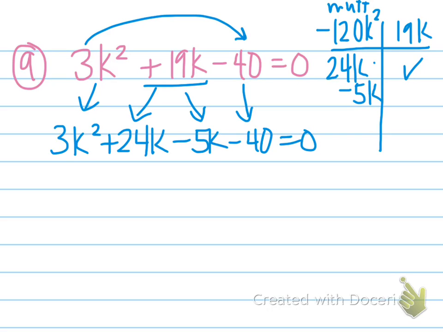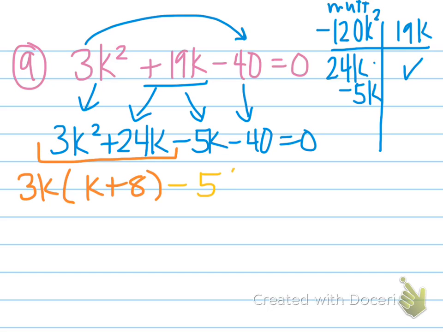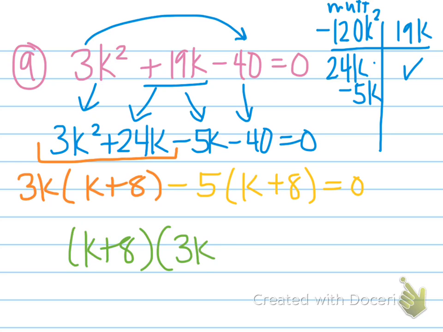If you look closely, you'll notice that there's no GCF for all of the terms, but there are GCFs for the first group, in this case 3k, and for the second group, which in this case, because there's a negative between them, is negative 5, and when we divide both terms by negative 5, we get k plus 8. Now to continue, the GCF for these two terms now is k plus 8, and the GCFs that we took out originally are 3k minus 5.